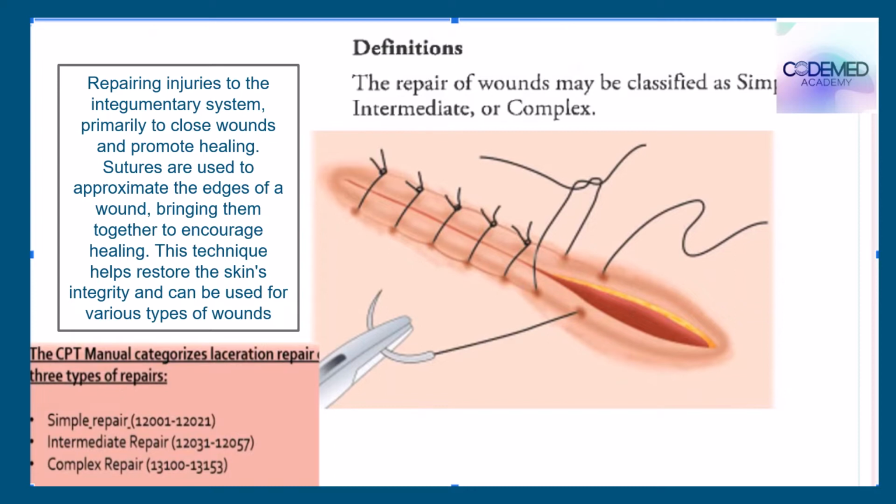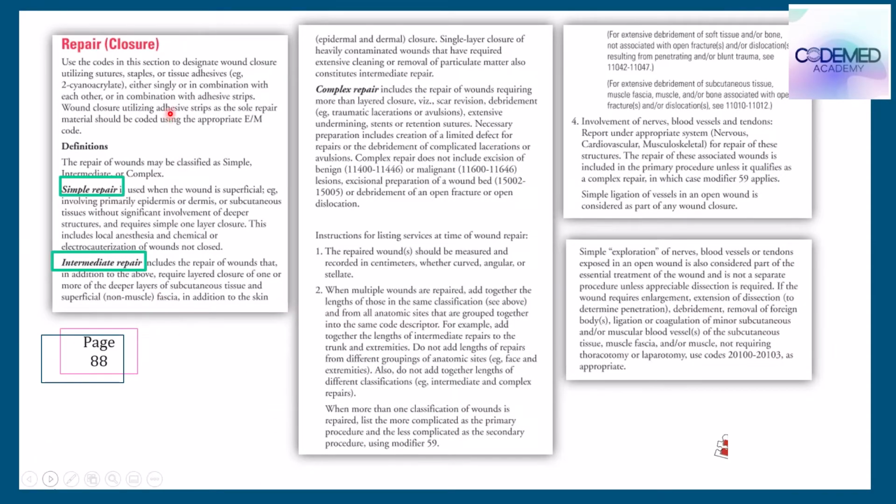And this is the code range that we are going to see. This is the theory that is there in your book. Kindly go through all the theory, and these are basically the guidelines which are important from the coding point of view. So this is what is there in your book.